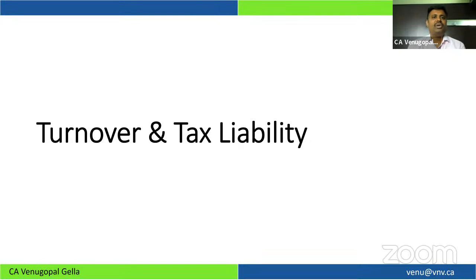Look at it this way: R1 is your turnover reporting and 3B is your liability discharge. Section 75 subsection 12 of the Act says that whatever values you have disclosed in GSTR 1 will be treated as a self-admitted liability.